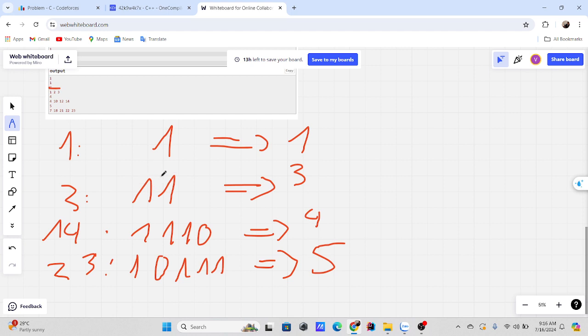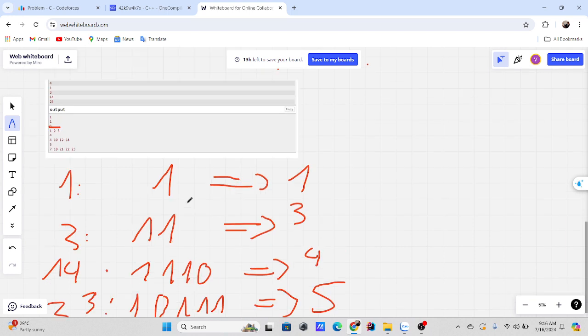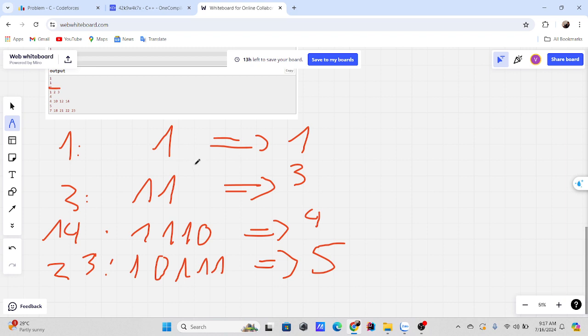So it is the number of ones plus 1, and the same applies to 14 and 23. That is our pattern, except for the first test case. When n is 1, our answer is just 1, so we can handle that test case separately in our code. That is basically the first pattern I want to explain to you guys.